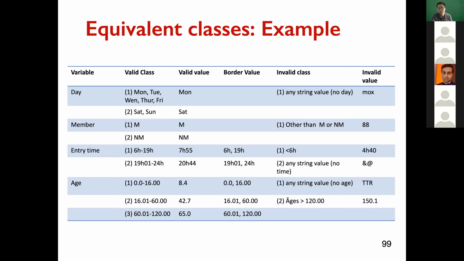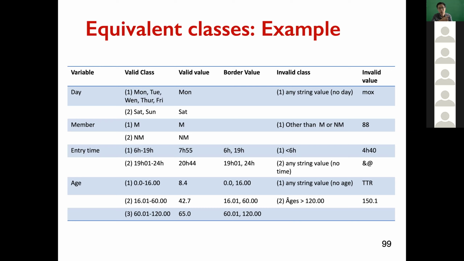Or border values, because here there are only 5 days. One way is to consider Tuesday and Wednesday as the values, and Monday and Friday as border values. But you can also consider Monday or Friday as a value already, so you don't need a border value, okay? For the invalid class, you can choose any string as a test.